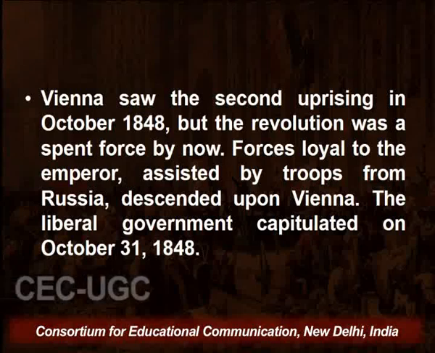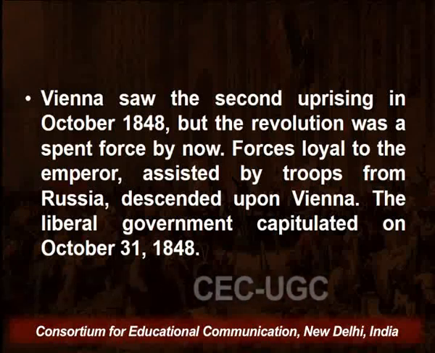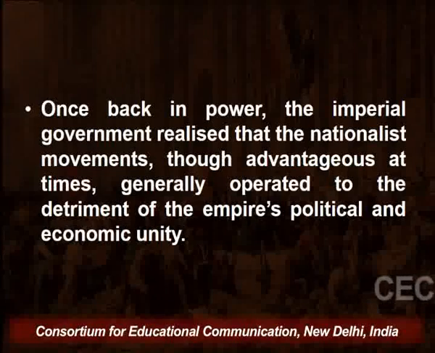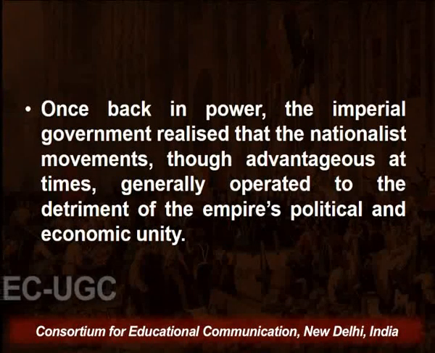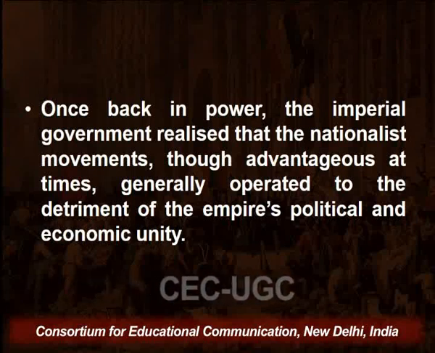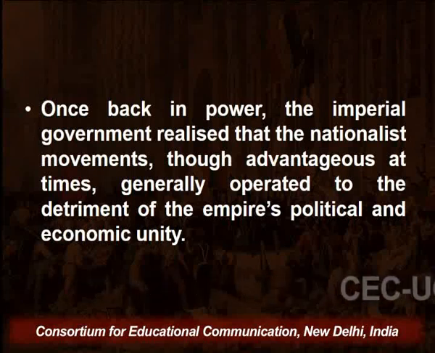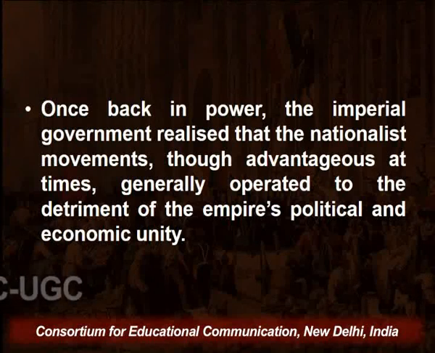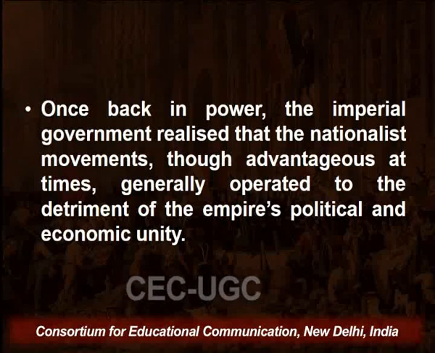The liberal government capitulated on October 31, 1848, and therefore, we find that whatever liberal gains, or you can say republican gains, that were made in central part of Europe, they were lost, and the traditional order or the monarchies like Russia, etc., could lend help to Austrian Empire, although it was a liberal government. The face of it was that of a liberal government, but the tendencies were the same.